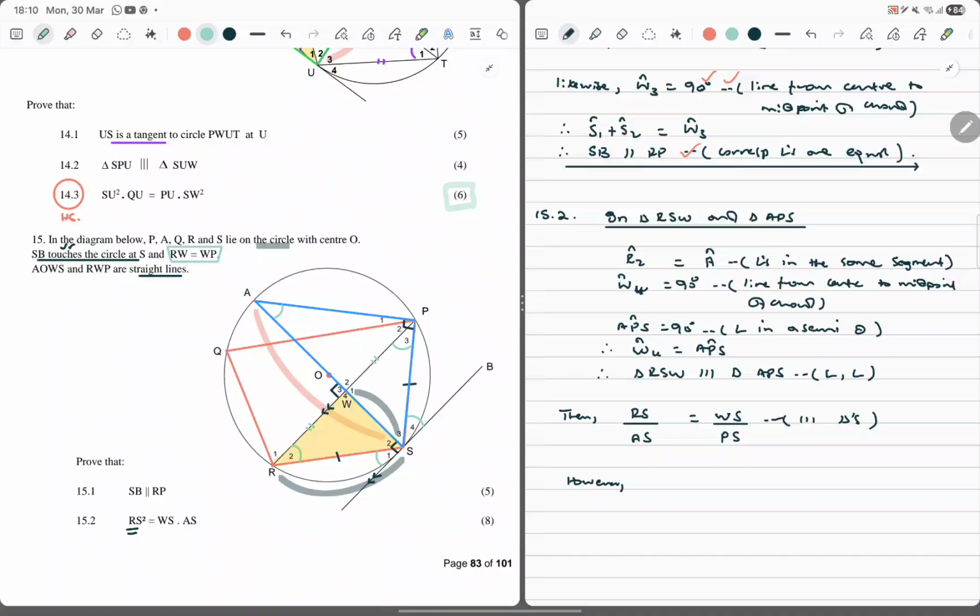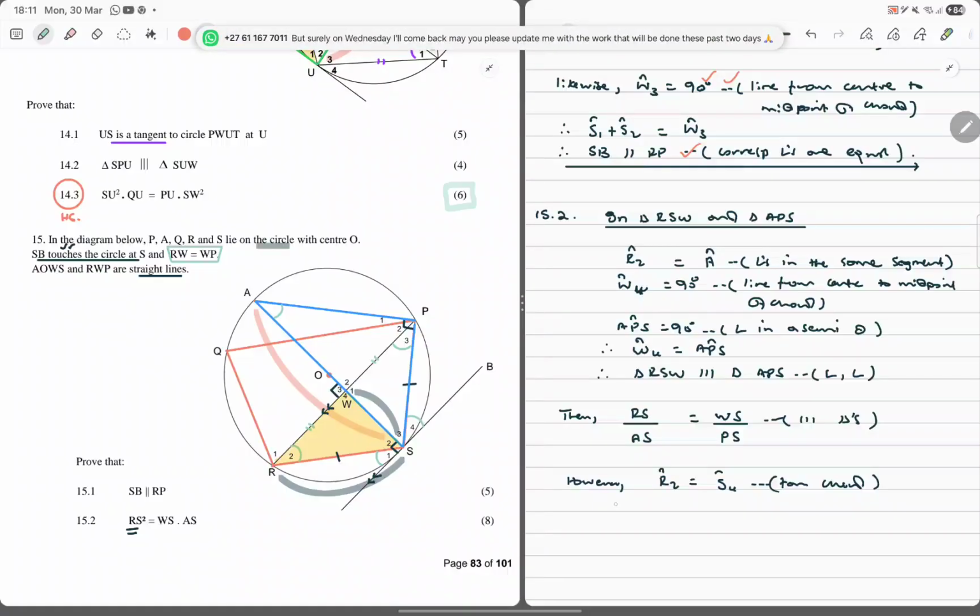No. Okay, this is what makes this question so long, because now we can't just jump in and say they are just equal. So now I need to know that, however, I know for a fact that R2 is equal to S4, right? This is the tan chord theorem, right?